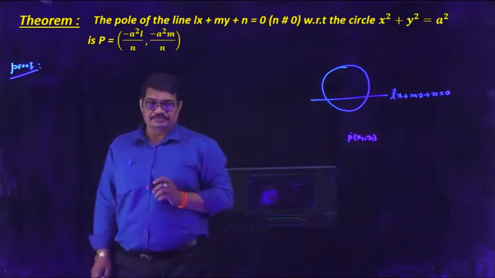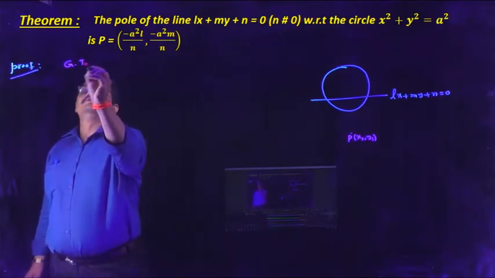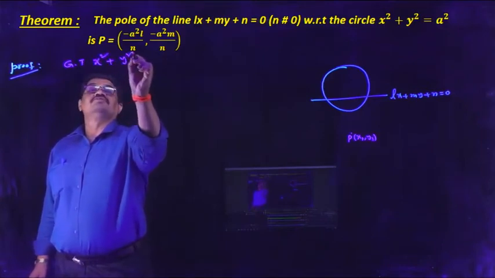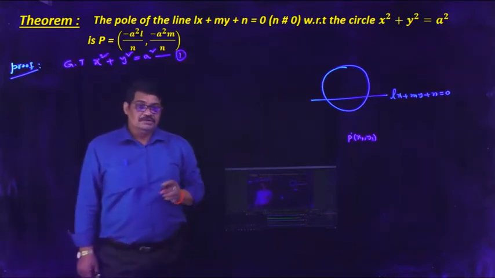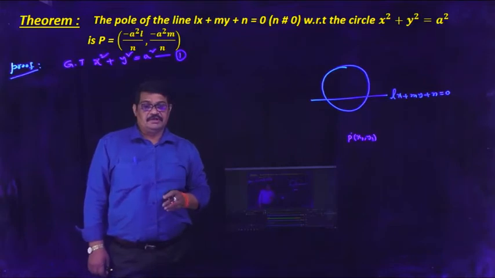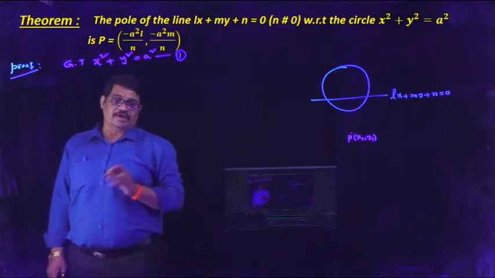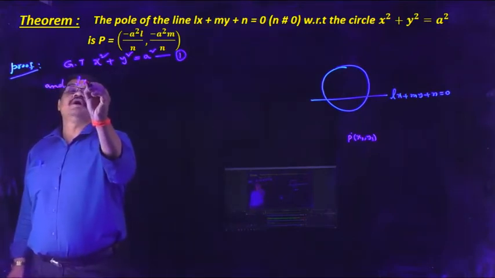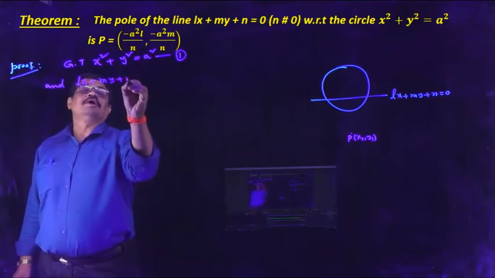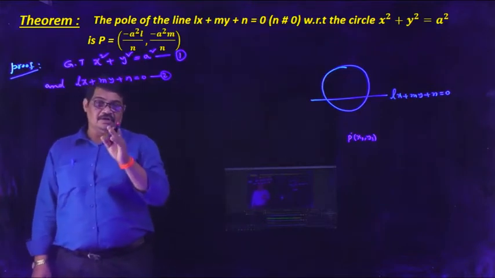See the proof. Here the given circle is x square plus y square is equal to a square. So this is equation 1. Now we are writing the pole of the line with respect to this circle, and the given line is Lx plus My plus n is equal to 0, equation 2. This is the given circle and given straight line.